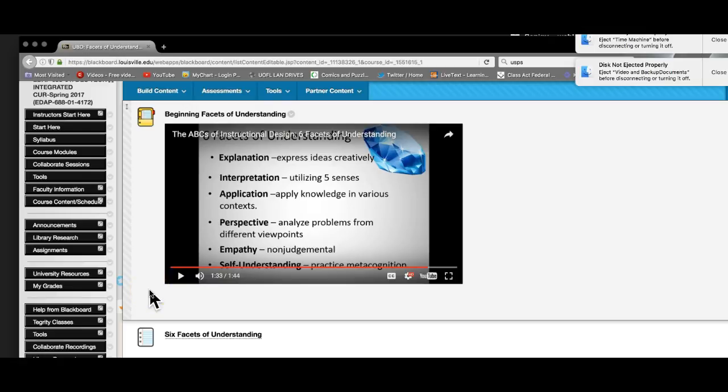Again, when you look at these next 3, you're like, well, yeah, we've used GoAnimate, we've used BlendSpace, we've used Animoto, we've used Comic Life, it's almost endless.